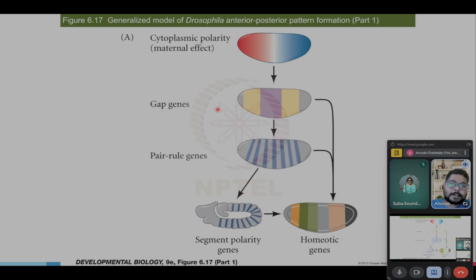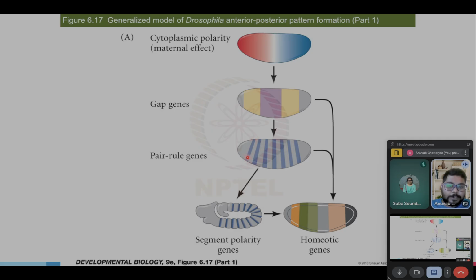Next, these gap genes in turn activate a tertiary or third round of genes which are known as pair rule genes. Pair rule genes are interesting because they form cool stripe-like patterns, which we will also look at, in which the genes are expressed.